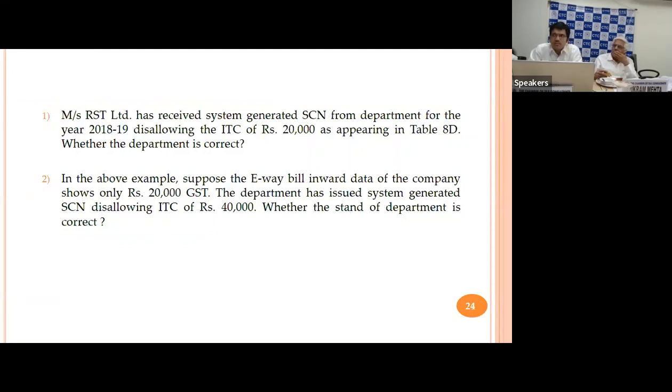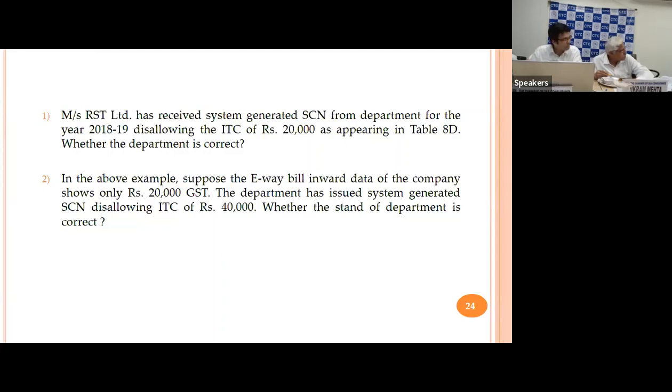Now this is not hypothetical because just last week one of our clients received exactly this show cause notice, that their inward e-way bill supplies are showing lesser value and the ITC which they have claimed is showing a higher value, and therefore they have issued a show cause notice disallowing the differential amount. So do we have any legal backing for this difference?